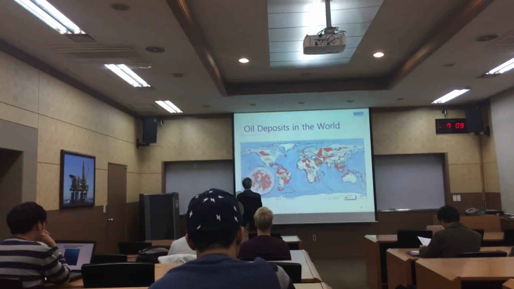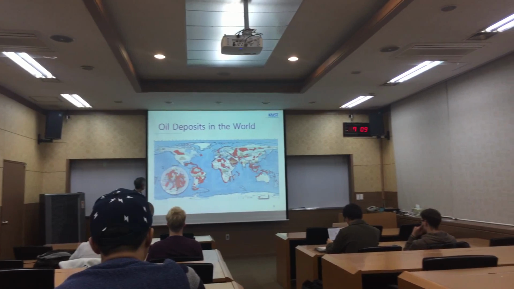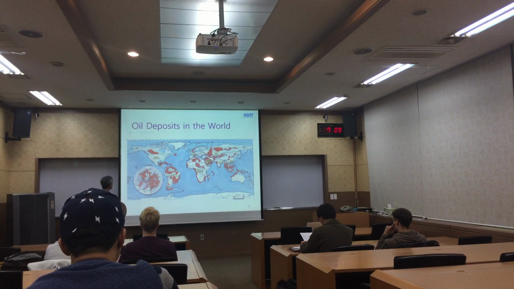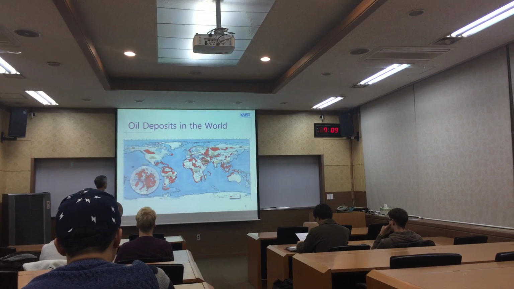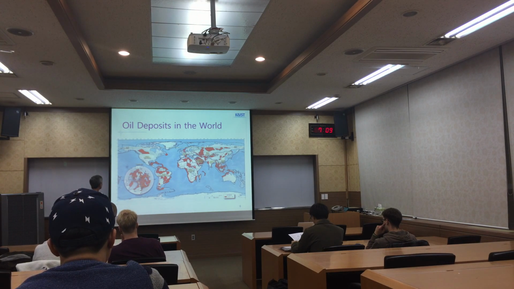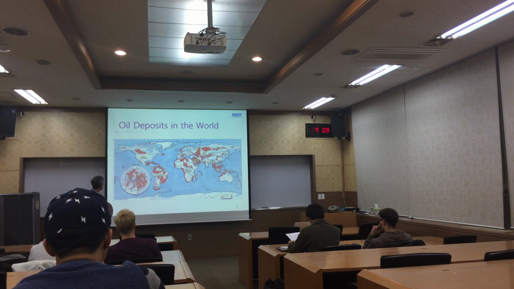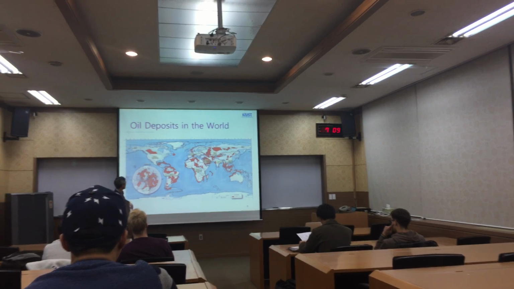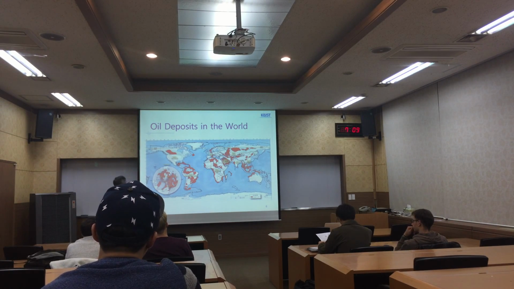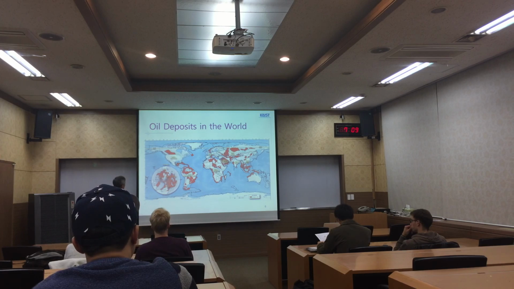There are some. This is probably South Pole or North Pole? North Pole, right? Is it North Pole? This picture? North Pole. So around North Pole there are many, right?